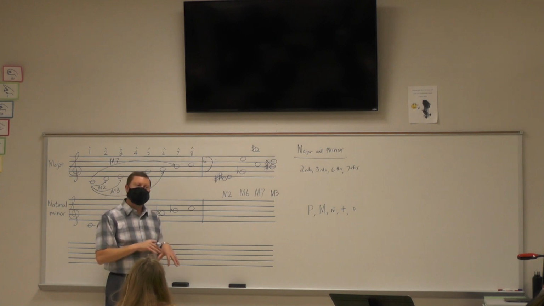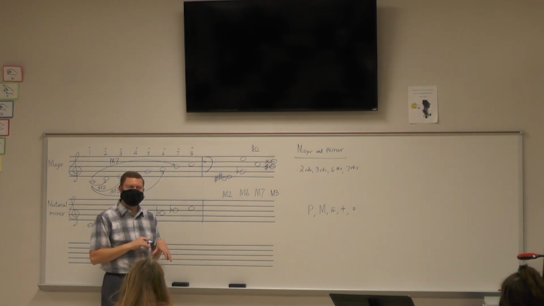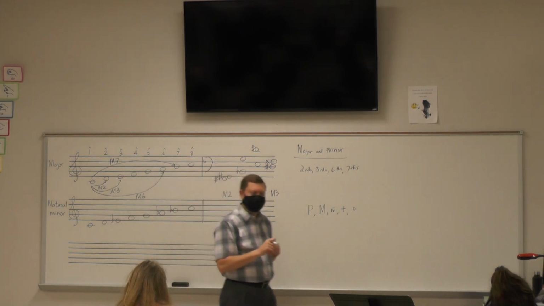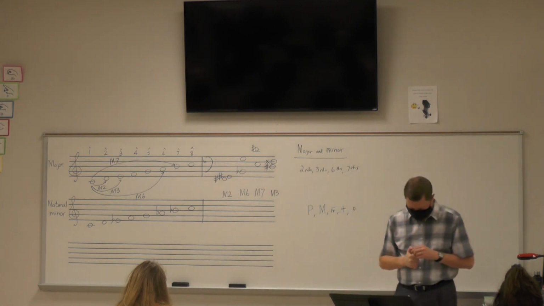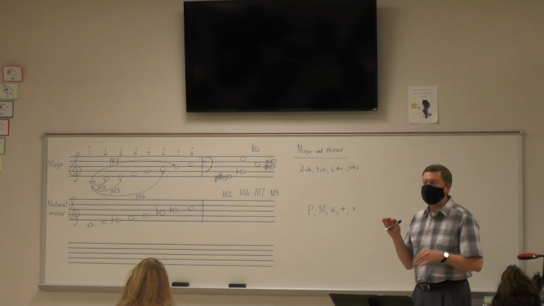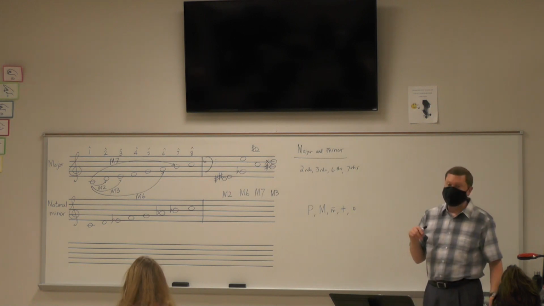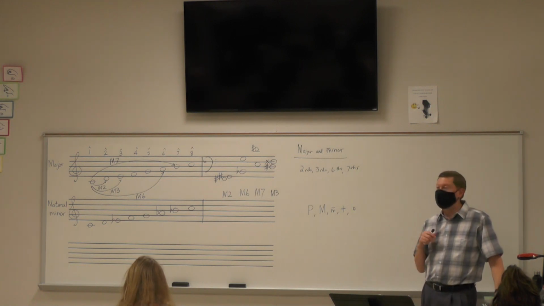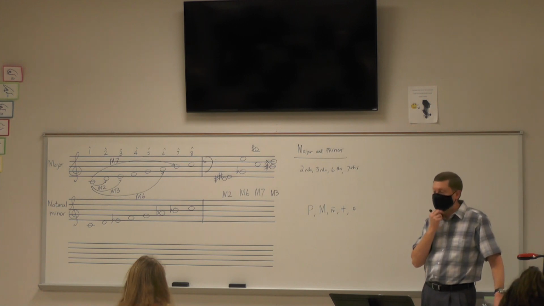I hope I don't lose anyone or confuse anyone with that process. So far, are there any questions about how to find major intervals, spell major intervals above a given note?